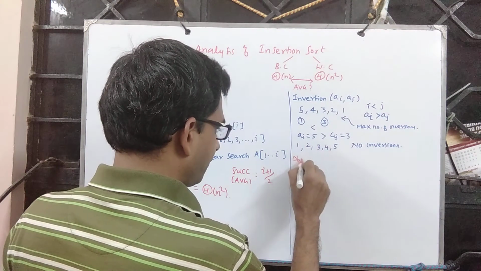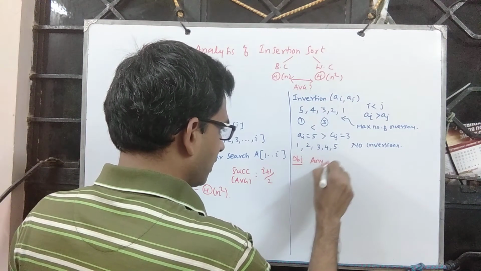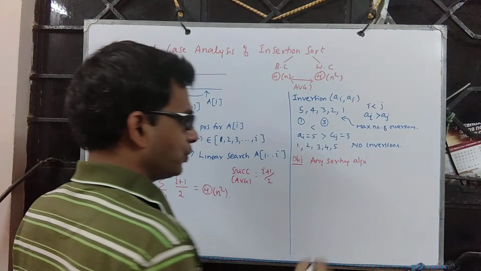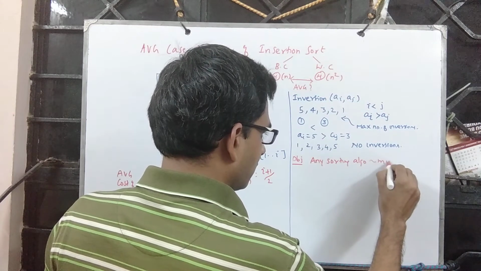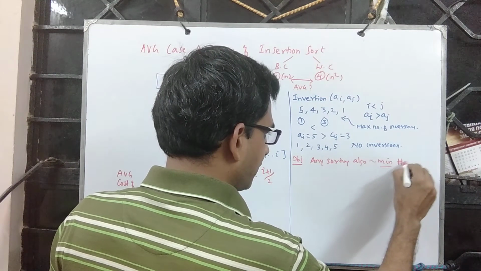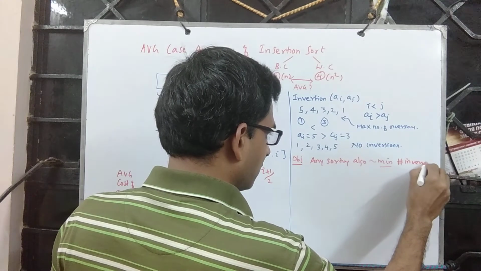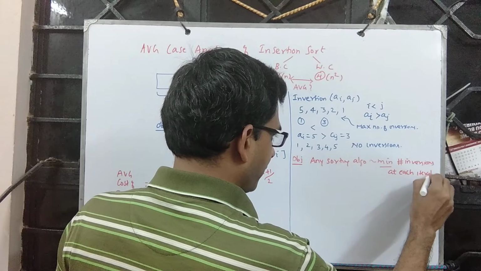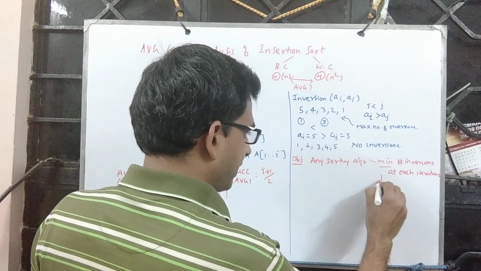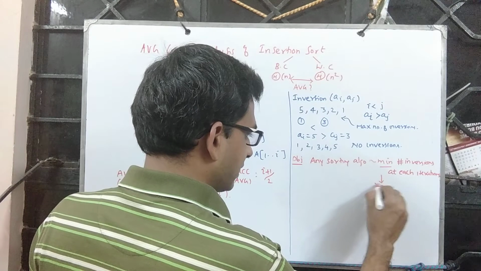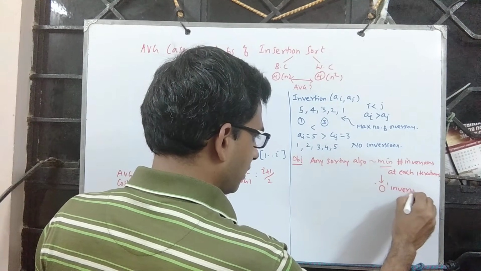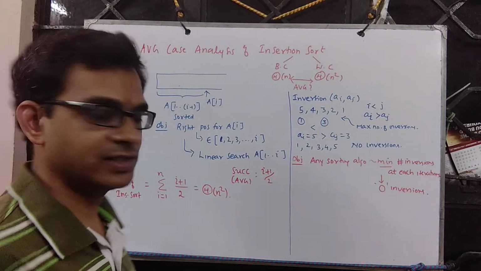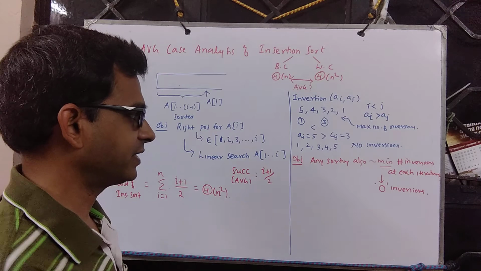The objective of any sorting algorithm is to minimize the number of inversions at each iteration, and eventually we want to bring it to a stage where there are no inversions at all. The moment there are no inversions, the sequence is sorted. That's precisely the idea.